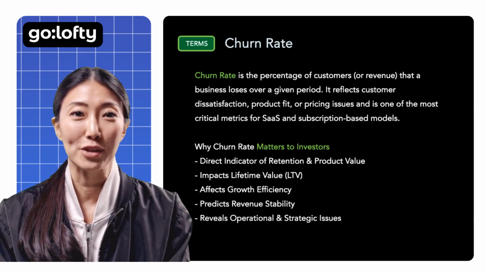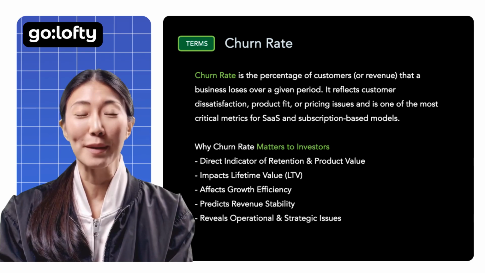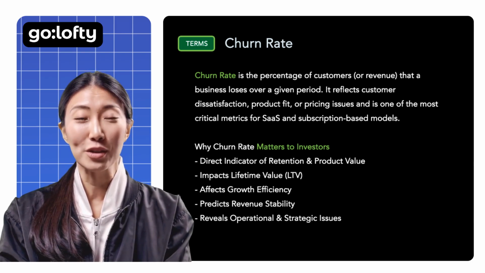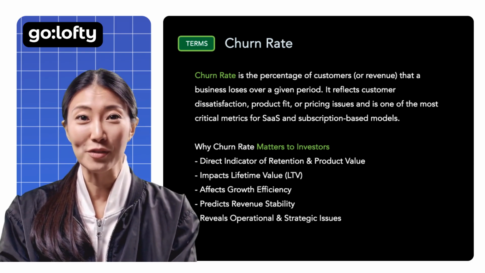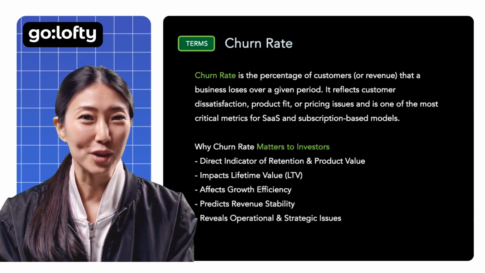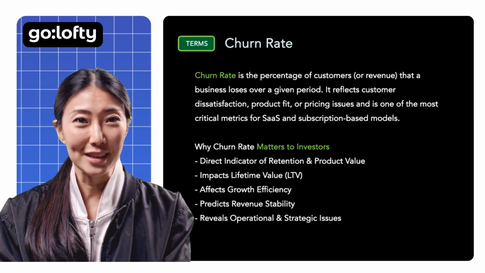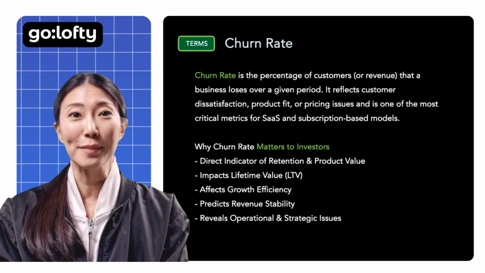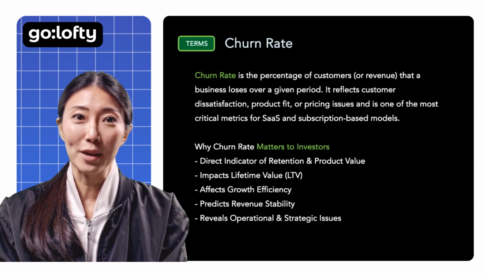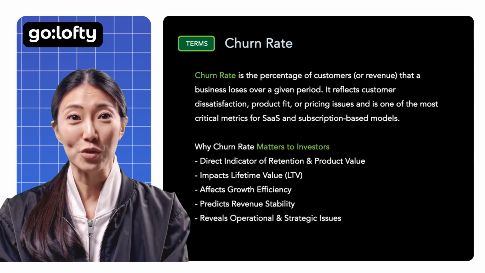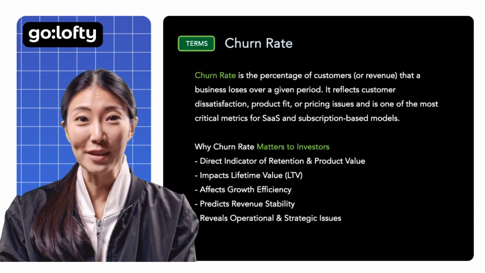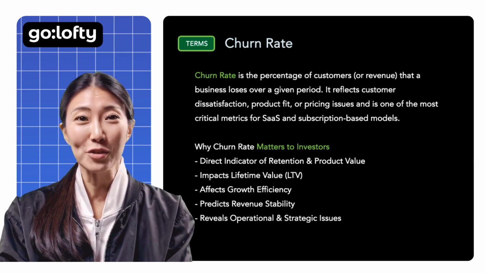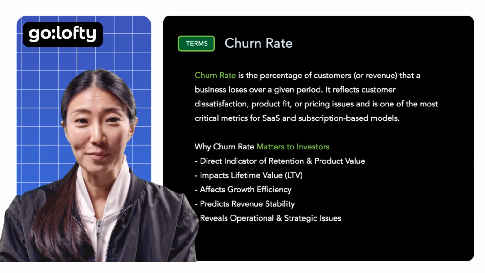Impacts lifetime value, LTV. Since LTV is inversely related to churn, reducing churn is one of the fastest ways to boost long-term customer profitability. A key investor focus. Affects growth efficiency. If a company is spending heavily on CAC but losing customers quickly, it's burning capital inefficiently. Investors will spot this fast.